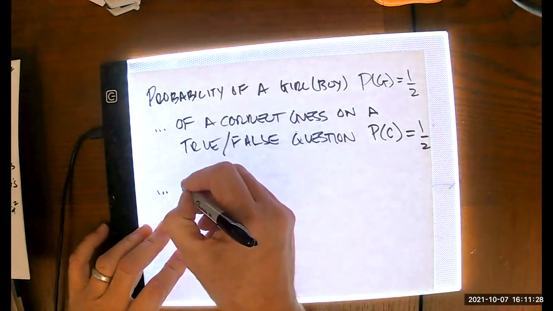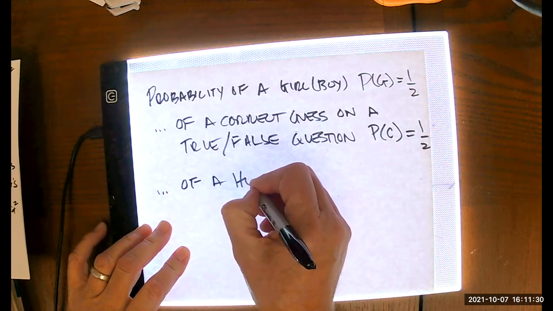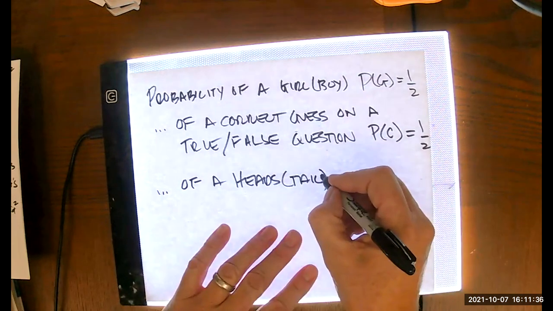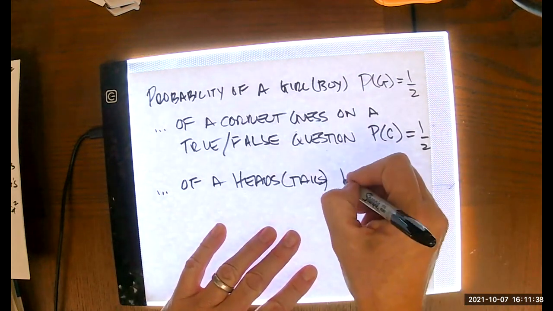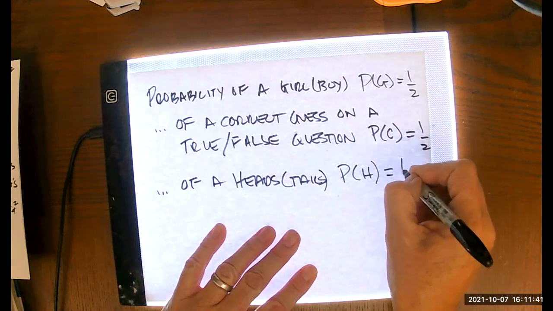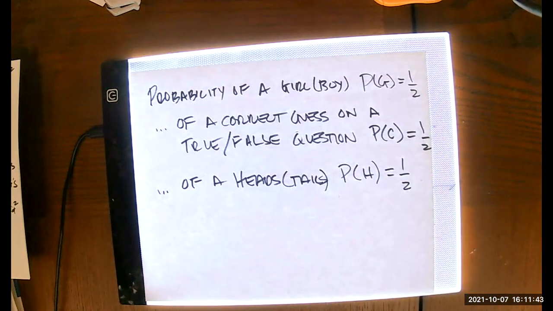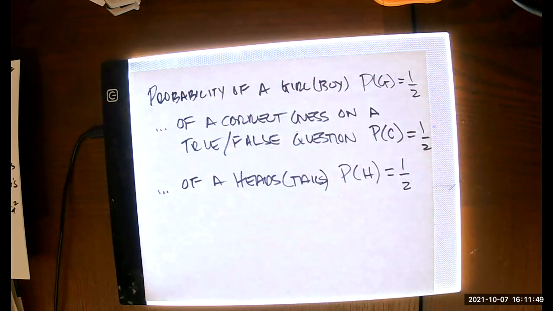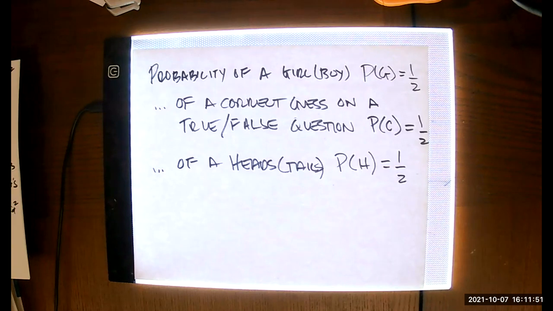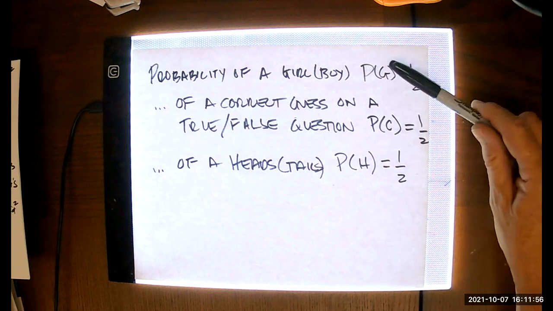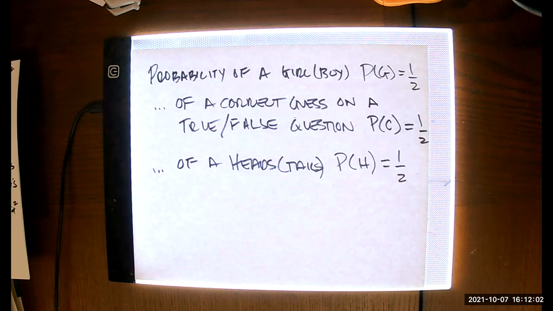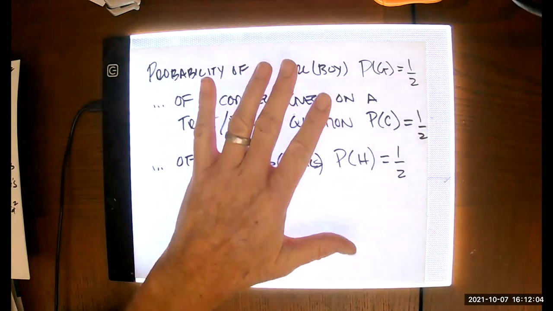Or, for example, the probability of a heads or perhaps tail in a single flip of a fair coin. And here again, you're supposed to know that the probability of a head is 1 out of 2, 1/2. You can see that these are essentially the same sort of situation with the context giving flavor to the problem. Gender, correct versus incorrect, heads versus tail. So these are some you're supposed to know.